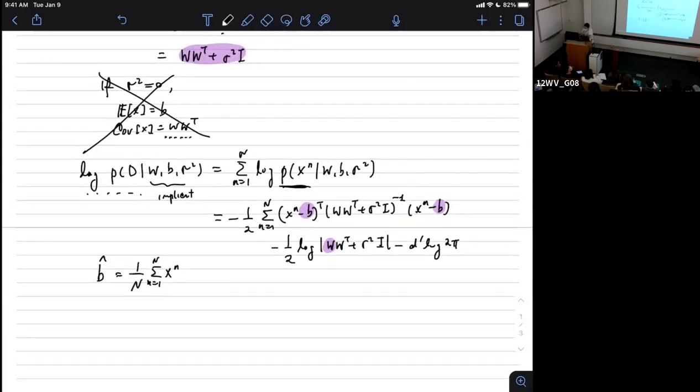And then the optimal W is going to be, how did you actually... So you actually end up with the eigen decomposition of the regularized, let's say, covariance.